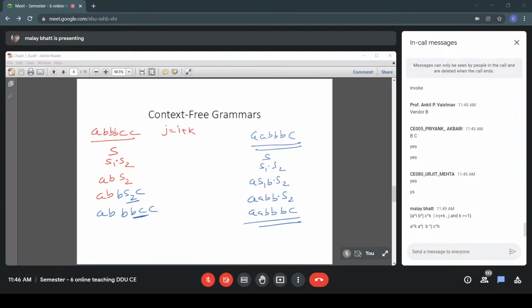So from this, can we generate a grammar? Can you write in the chat window what we'll get from this? Again, it has two different languages. If you observe the pattern, can you identify the two languages present in this language L?